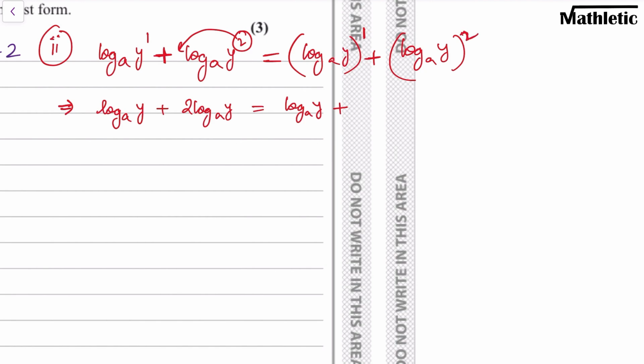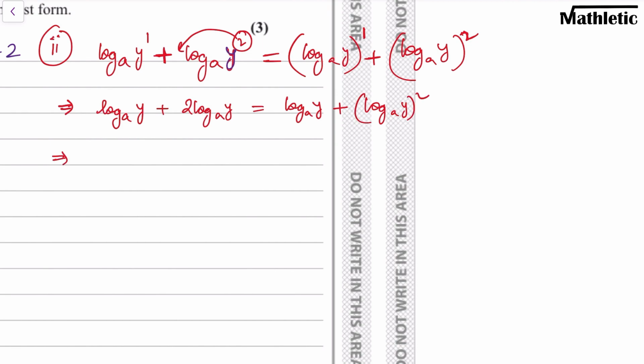This is not a power of the number, as in whenever you have the power of the number of log, you can shift it, right? But this 2 represents that we have 2 individual logs multiplied together, so you cannot just shift this here, so you have to keep this as it is.